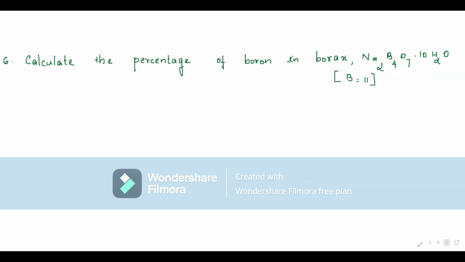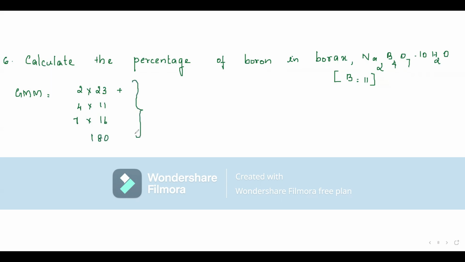Now, the next question. Percentage of boron in borax. Borax formula is given Na2B4O7. So carefully let us calculate the GMM. Na2, so 2 into 23 plus B4, 4 into 11, O7, 7 into 16, then 10 molecules of water, that is 180.